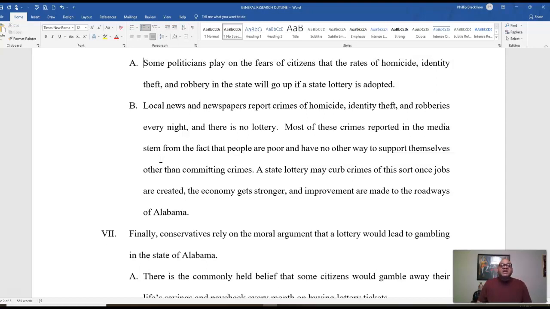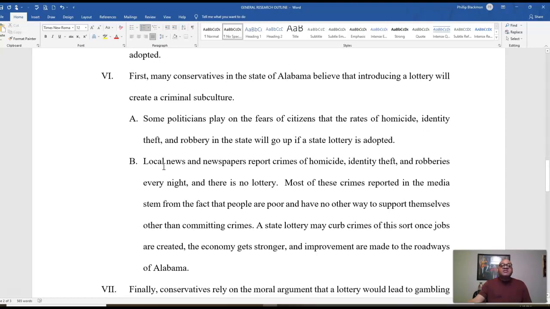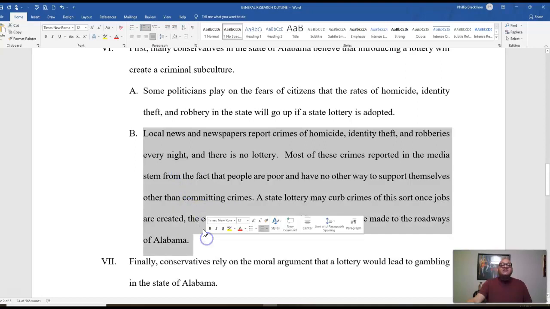So if my A supports Roman numeral number 6, right? Some politicians play on the fears of citizens that the rates of homicide, identity theft, and robbery in the state will go up if a state lottery is adopted. Now I'm going to shoot this down. I'm going to refute this in 2 to 3 sentences. In this one, I use 3 sentences.